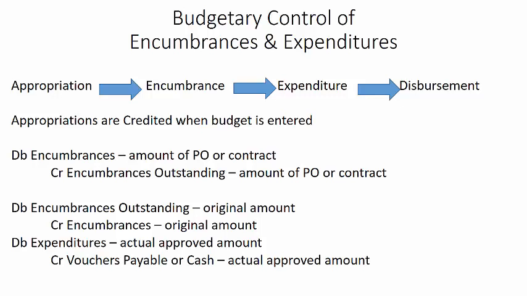Something to keep in mind with appropriations and encumbrances: recall what an appropriation is. An appropriation is an authorization for administrators to expend financial resources on behalf of the government, not to exceed the amount specified in the appropriation ordinance or statute, for the purposes set forth in that ordinance or statute, and during the period of time specified.